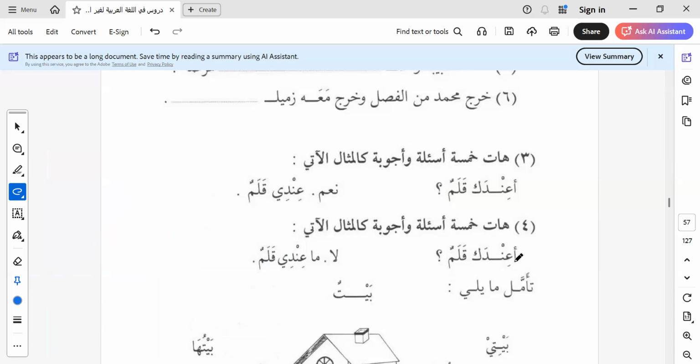That's why inda can translate as with, or have. Is that okay? Naam. And he says what? Here he says, Naam, I have it with me. So I want every one of us to bring a question in this format. Like, do you have something?